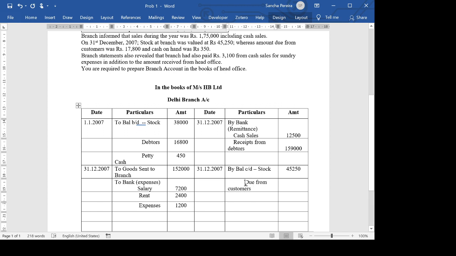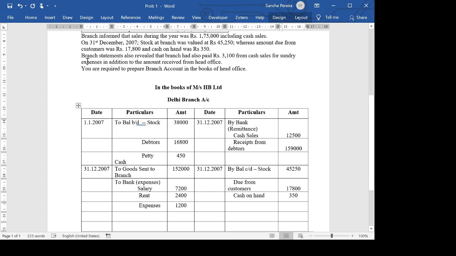Due from customers is 17,800, and we have cash on hand, which is 350.